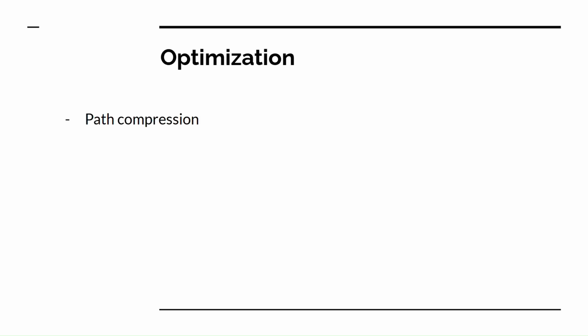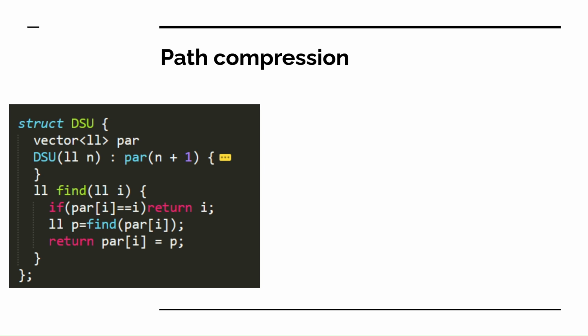So let's move on. These two optimizations are, one, path compression, and the other, union by size. In path compression, we want to update the find method. The first line is going to remain as it is, and in the second line, when we find the root node of its parent, we just store it and update the parent of the current node. So suppose we are finding the parent of some node x, and we are moving upward.